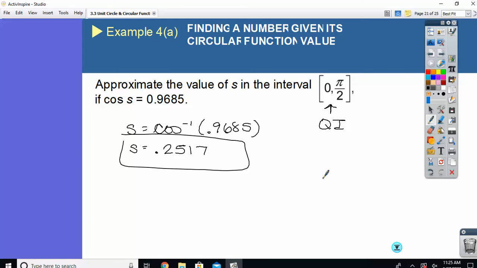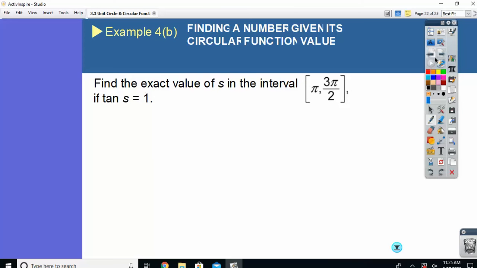We will talk more about this in chapter 6 about getting our answers in the right quadrant. When you type this in your calculator, it will give you the answer in quadrant 1. So we don't have to worry about that. Any questions there? Okay.